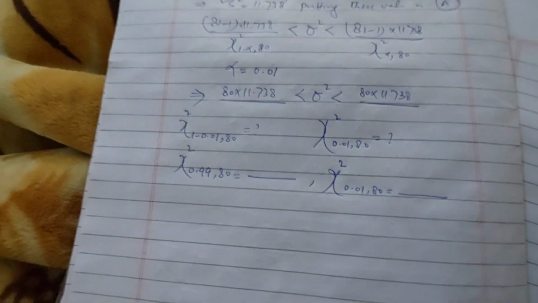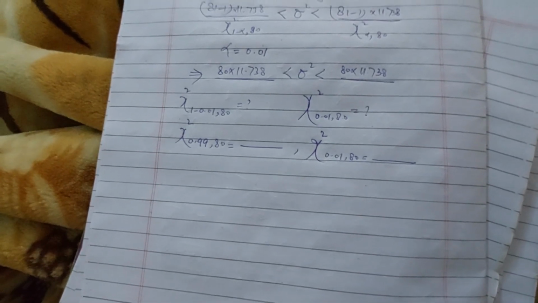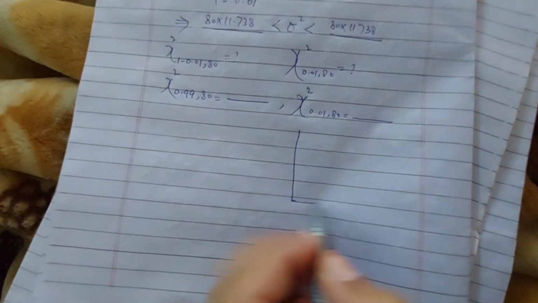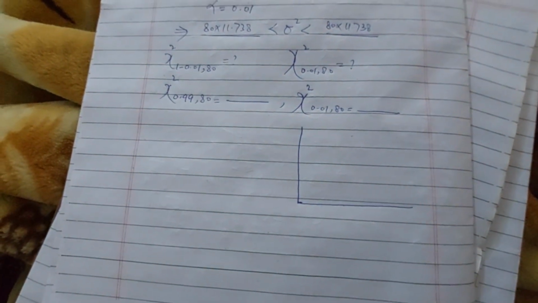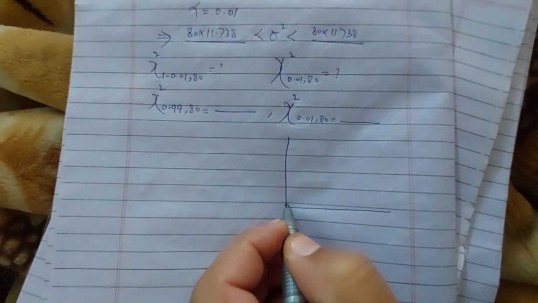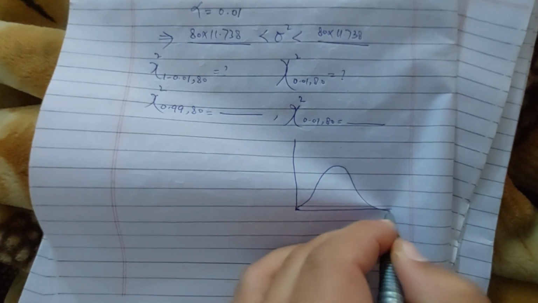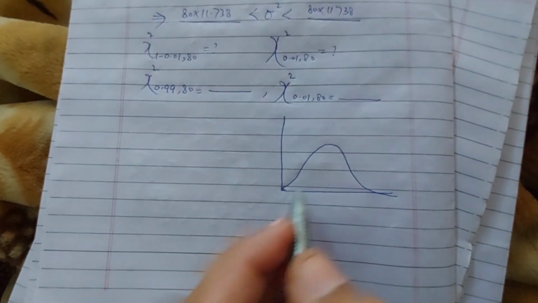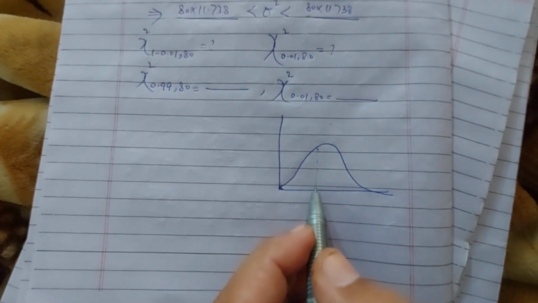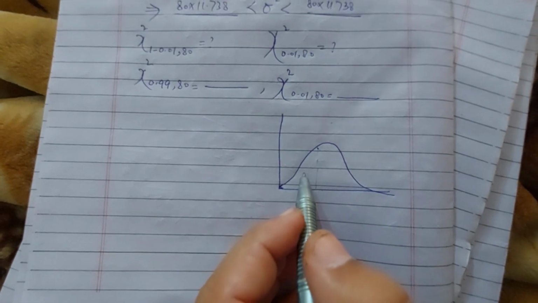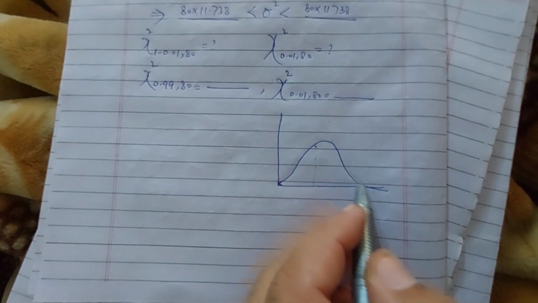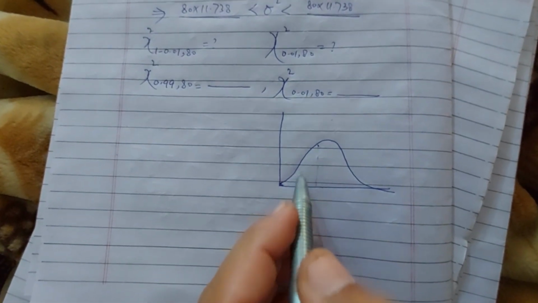Let me first tell you a bit about the chi-square distribution. We know that the chi-square distribution is skewed. It is not symmetric, so it means that it is not equal on both sides. It is something like this. If the mean is in this region, this area is large and this area is smaller, so it will be positively skewed. This tail will be higher than this region.